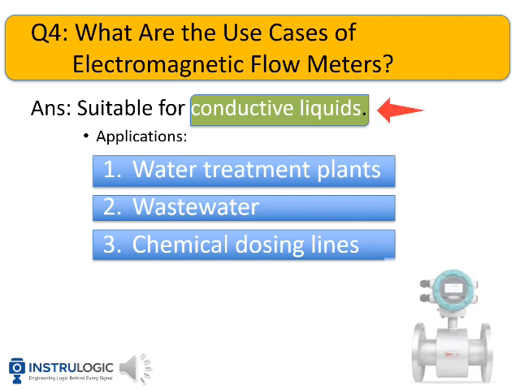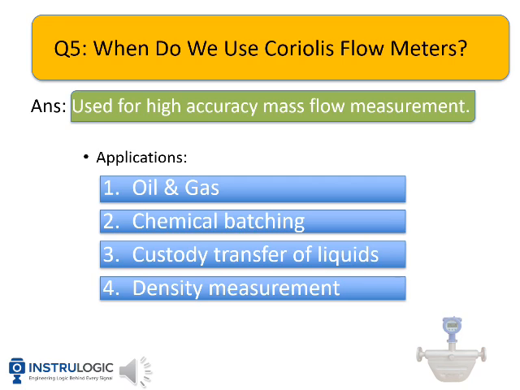Wastewater systems, ideal because they handle dirty or slurry-type liquids. Chemical dosing lines, for accurate measurement of chemicals in process control. Electromagnetic flow meters are great because they have no moving parts, so they last longer and work well in tough conditions.